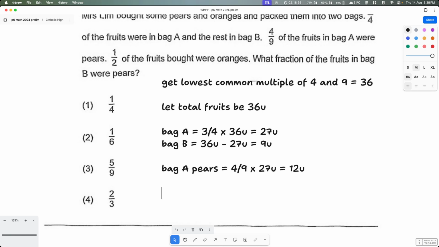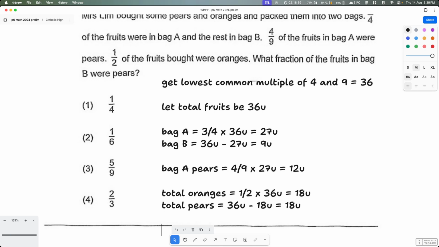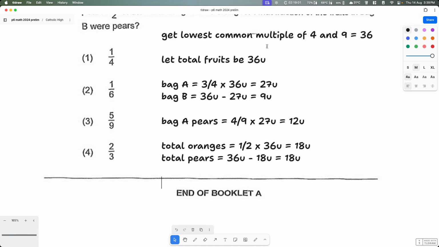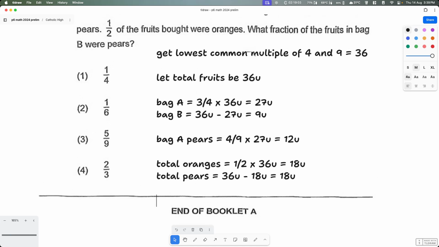Half of the fruits bought were oranges. So total oranges is equal to half times 36, which is basically 18 units. So total pears is the same, 36 units minus 18 units, equal to 18 units. Now, what fraction of the fruits in bag B are pears?